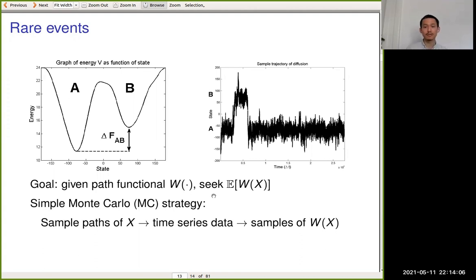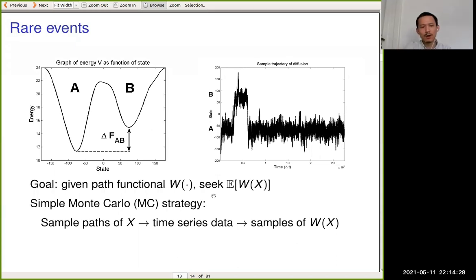Now, a simple Monte Carlo strategy is to use molecular dynamics or MATLAB, whatever, Euler-Maruyama, to sample paths of your stochastic dynamical system. Then you have a whole bunch of trajectories, time series data. And from this, you compute for each trajectory the value of W of x. Then you take the sample values, take the average, and that's your Monte Carlo estimate of this expected value.